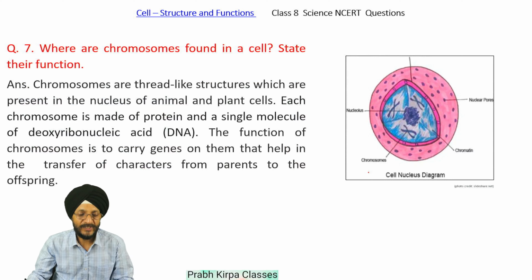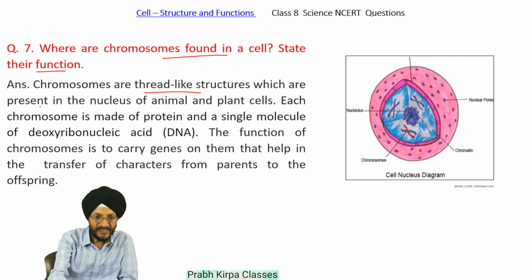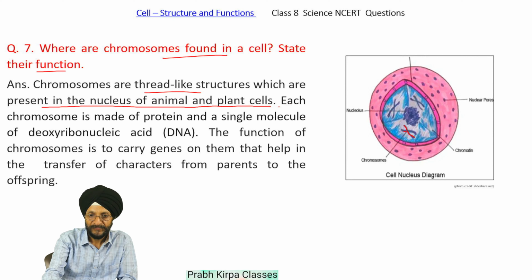Now the next question is, where are chromosomes found in a cell? State their function. Answer: chromosomes are thread-like structures. You will see here, these are thread-like structures which are present in the nucleus of animal and plant cells.